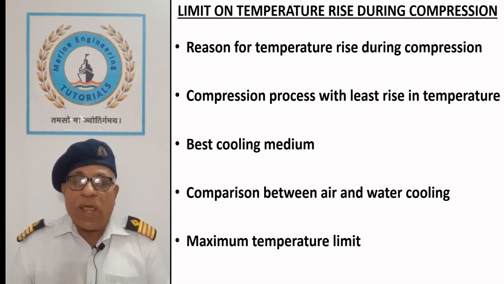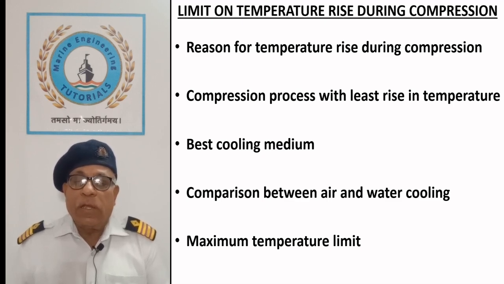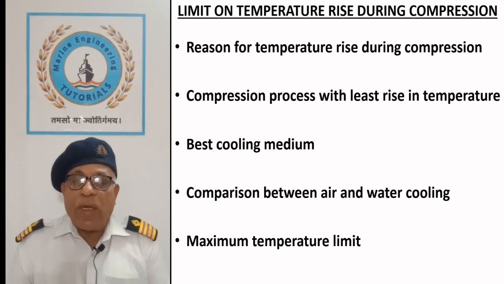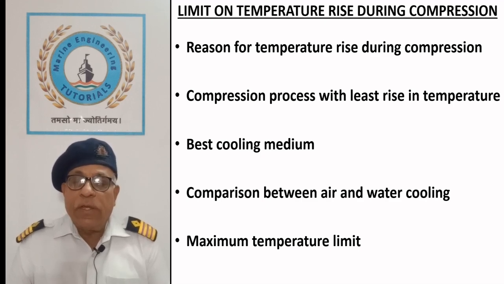When seawater temperature rises, fresh cooling water system temperature also increases accordingly, which results in high air temperature. A water-cooled compressor is able to provide compressed air at temperature between 35 to 40 degrees Celsius, and maximum temperature in the cylinder is contained below 150 degrees Celsius.